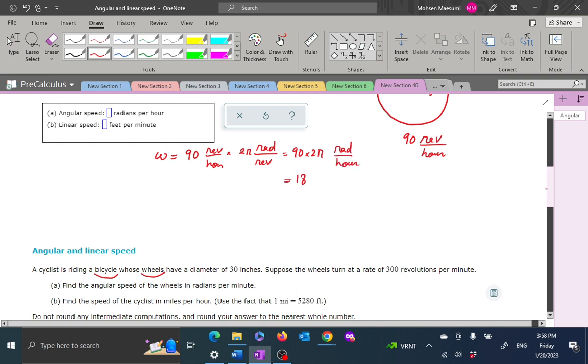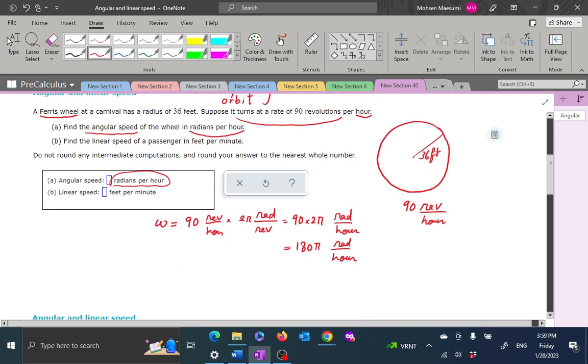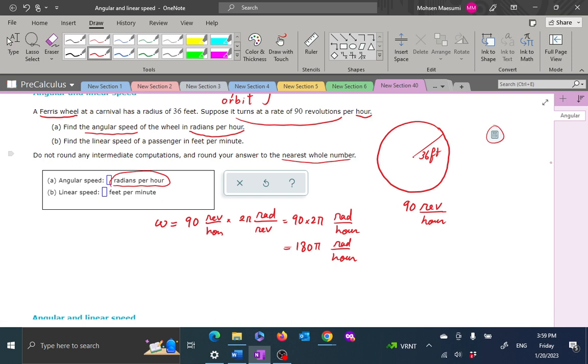Simplifying, that is 180 pi radians per hour, and that's what it's asking us. It says to round, so you use your calculator and round at the end. It always says do not do any intermediate rounding, so there wouldn't be any fight over some digits lost here and there.